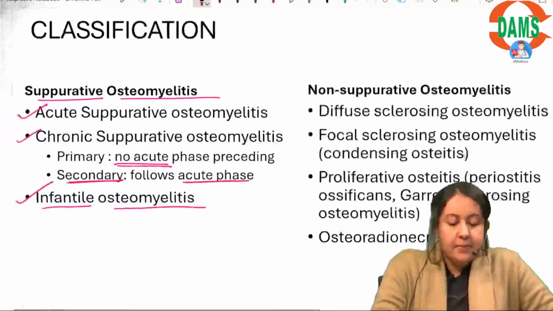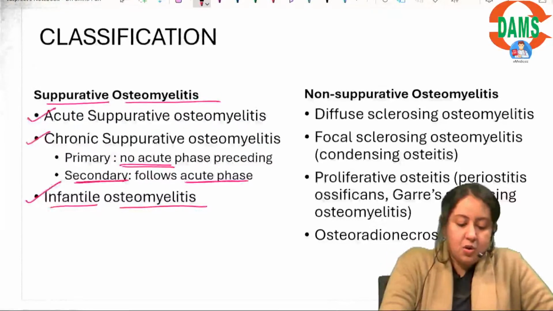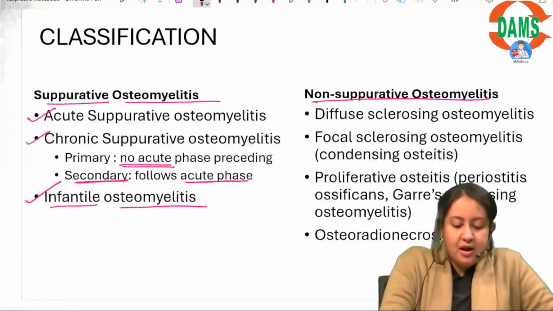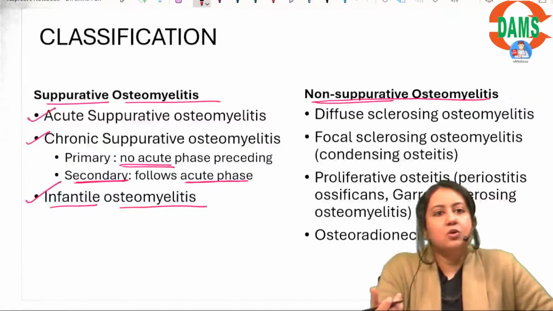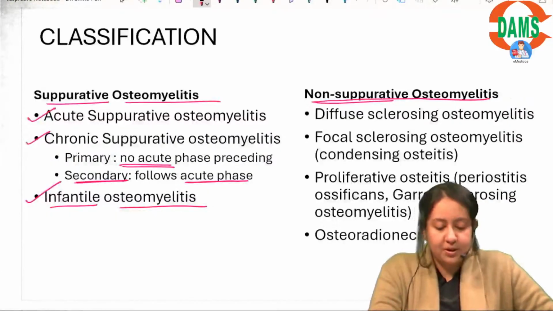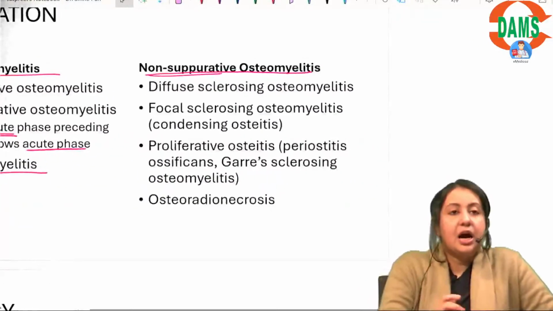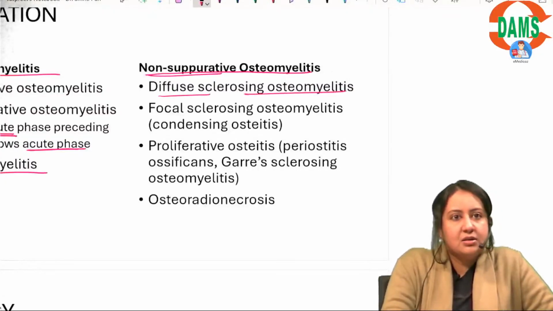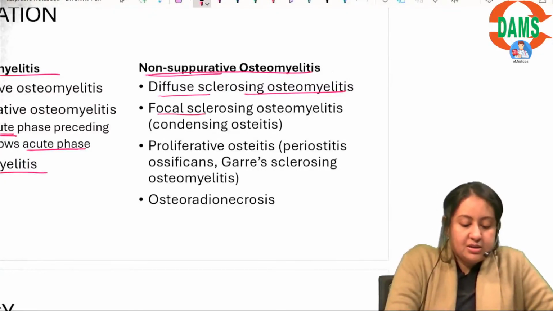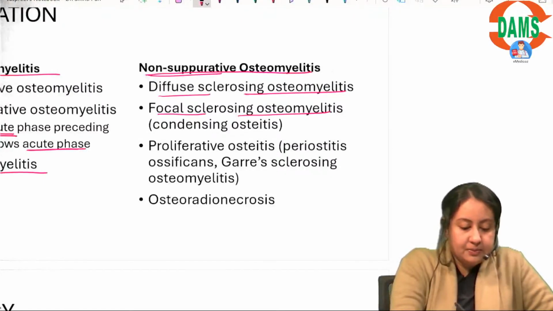Now the second type is non-suppurative osteomyelitis. As the name suggests, non-suppurative means there is no pus discharge. Under this we have diffuse sclerosing osteomyelitis, and focal sclerosing osteomyelitis, which is also known as condensing osteitis.